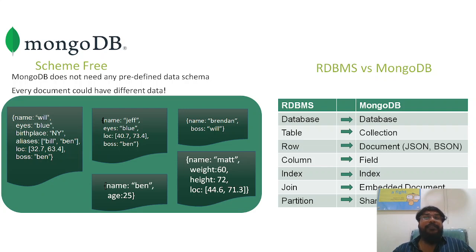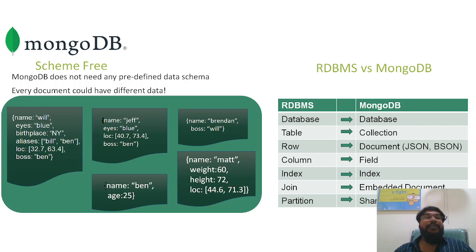In RDBMS, whatever refers to a row is referred to as a document in MongoDB. And in RDBMS, we call them columns, and in MongoDB, we call them fields. In RDBMS there is an index, and in MongoDB also it is termed an index. In RDBMS we call it a join, and in MongoDB we call it an embedded document. In RDBMS we call it a partition, and in MongoDB we call it a shard.